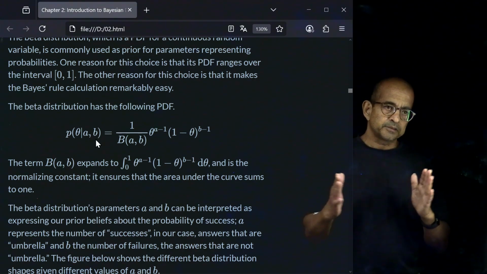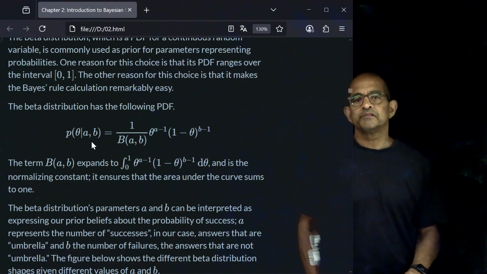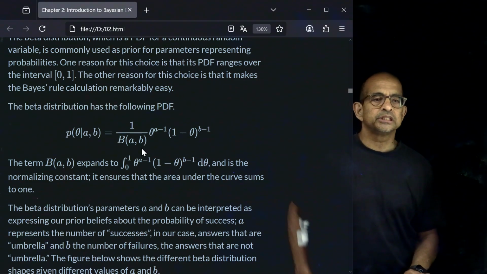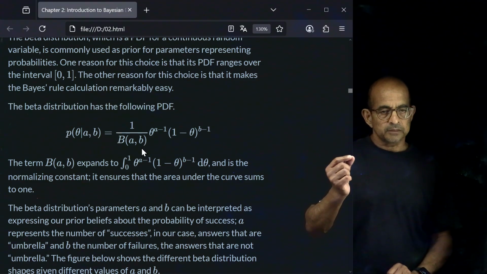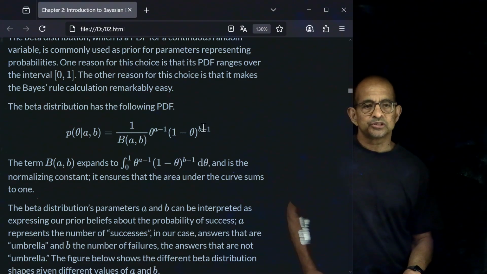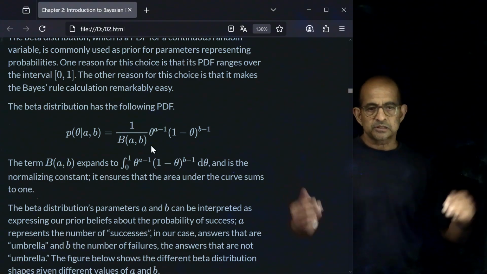So these two parameters will control the shape of the beta distribution, as I will just show you. So the beta distribution is this term here, and this part here in the beta distribution is the normalizing constant that I mentioned in chapter 1. This is the kernel of the distribution, and so this kernel will play the crucial role of determining the shape of the distribution.